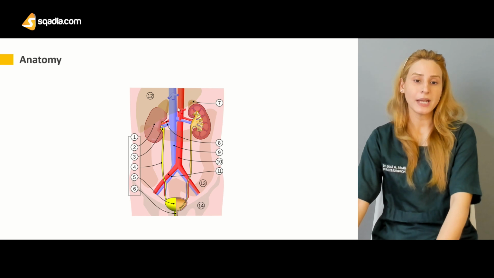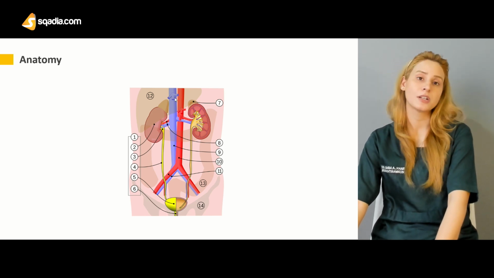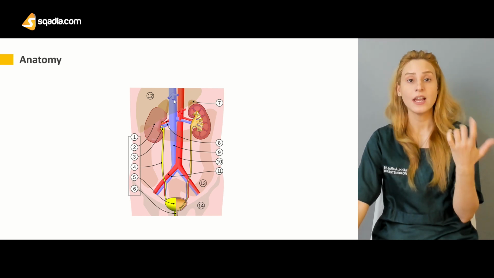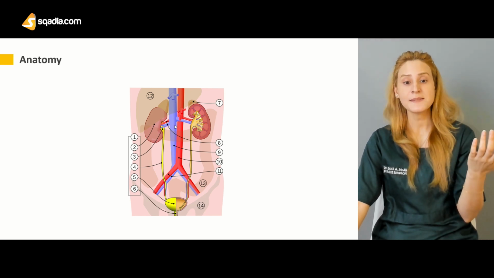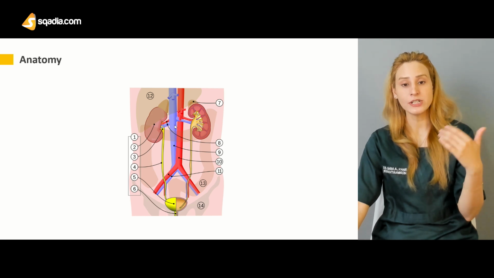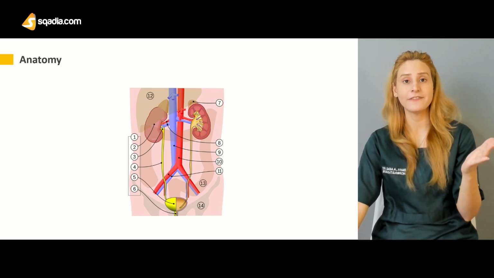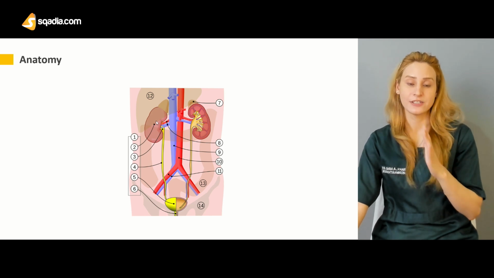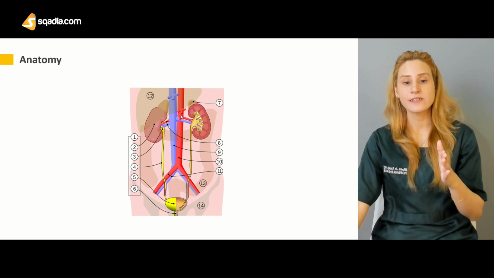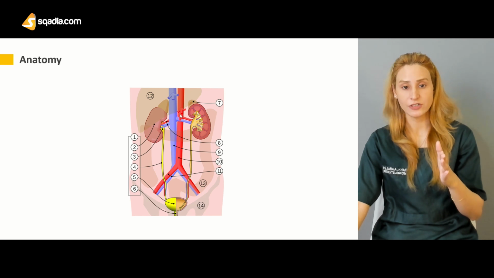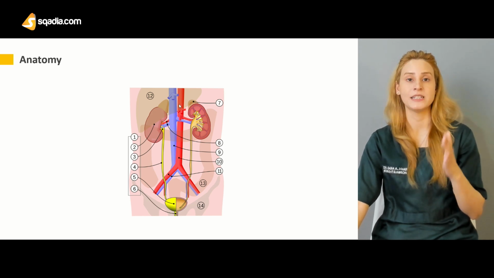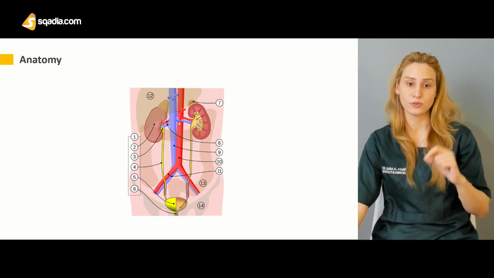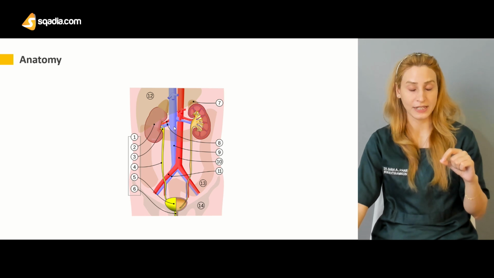Now, when you talk about the blood supply and the venous drainage, we have the renal veins. In order, it's vein, then artery, gaining entry into the renal hilum. You can see the renal artery coming directly from the abdominal aorta, and the renal vein draining into the inferior vena cava.